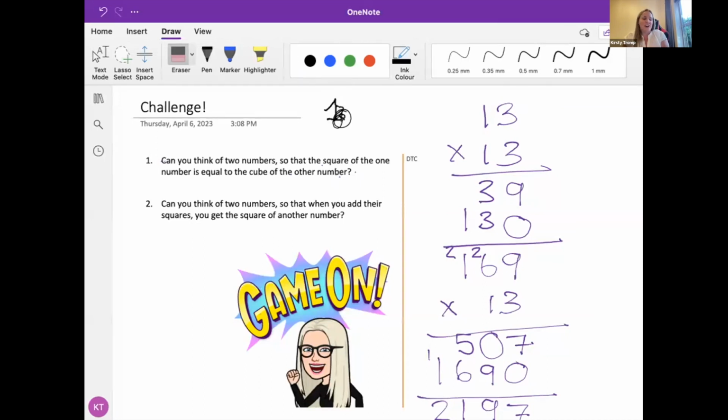Fantastic. That is one of the answers. Because what? 64? If I square root 64, what do I get? 8. Good. And if I cube 8, what do I get? Good, nice. That is one of them you can use as well. Well done.